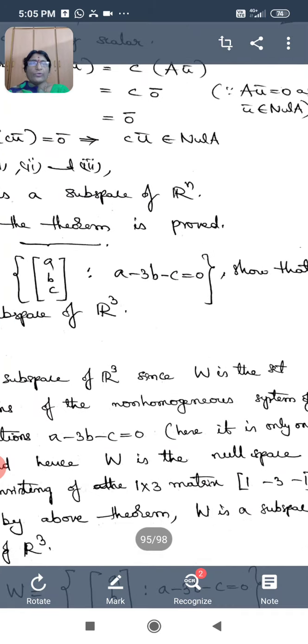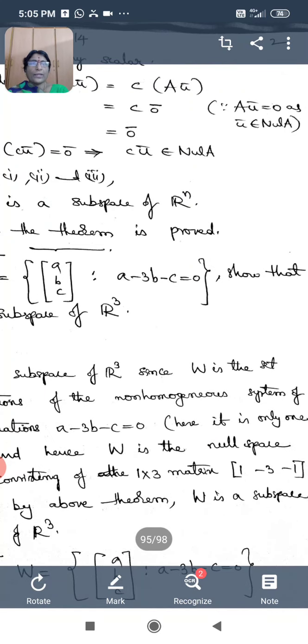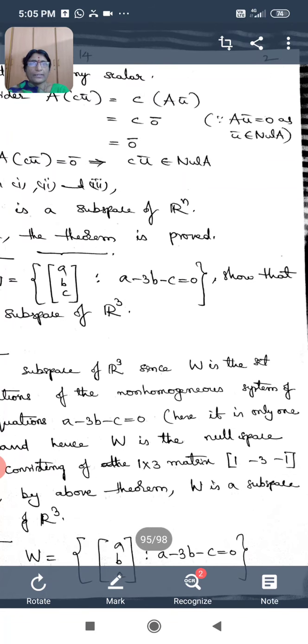Now A u bar, as we have already seen in bit 2, whenever u bar is a vector in null A, then A u bar is 0 by the definition of null A. So u bar being a vector in null A means it satisfies the condition A x bar equals 0 bar, and hence A u bar is equal to 0 bar.